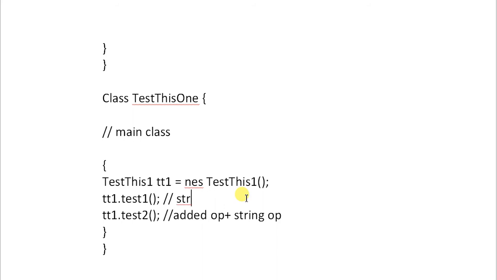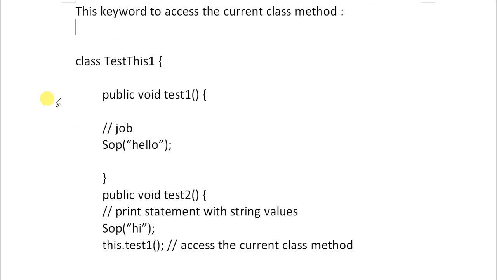The output of test1 is hello, and here the output is hi and hello. When we call test1 and test2, it will behave like this. The test1 output will display. When it comes to the test2 method, it is this dot test1, which means again test1 is hello, and the added output of test2, that is hi. So the output is hello, then hi, then hello. I hope it is clear.